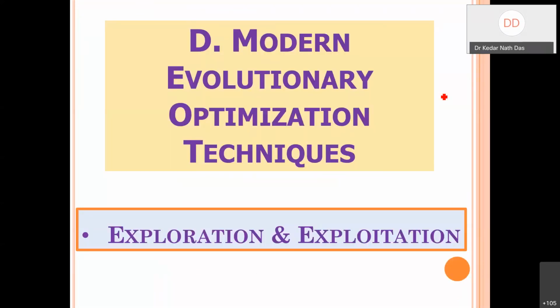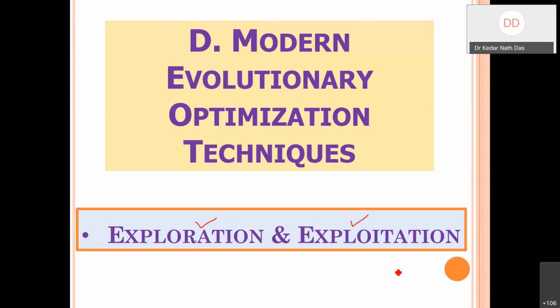Now, some of the modern evolutionary optimization techniques have been designed actually. Exploration and exploitation are the two key words to design a new or modern evolutionary optimization technique. Exploration means overall things need to be taken care of: how to search the search space entirely as a whole.